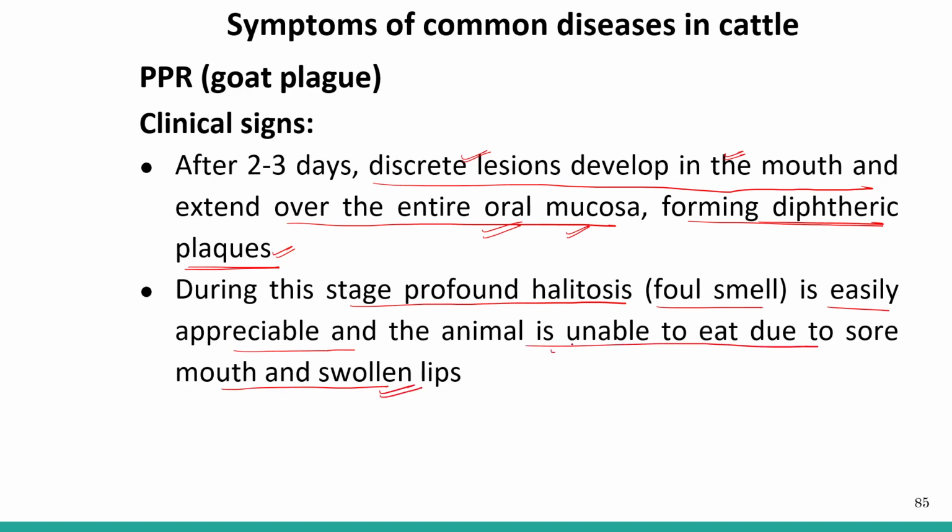The lips become swollen, the mouth becomes sore, and diphtheric plaques develop in the oral mucosa. This is the stage where the animal is not able to eat at all.